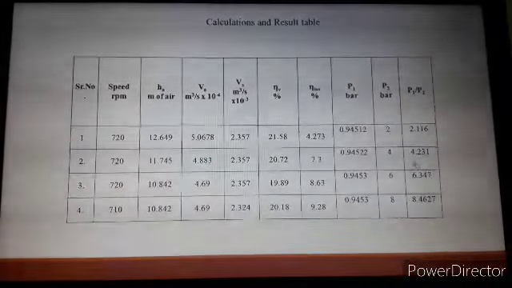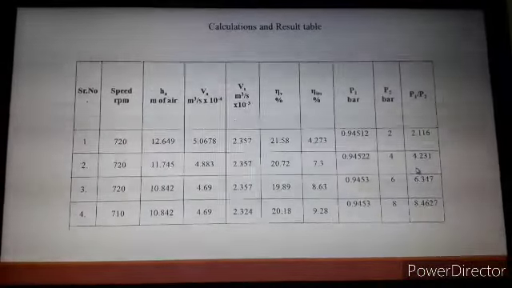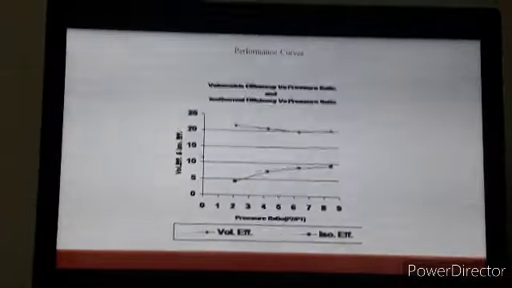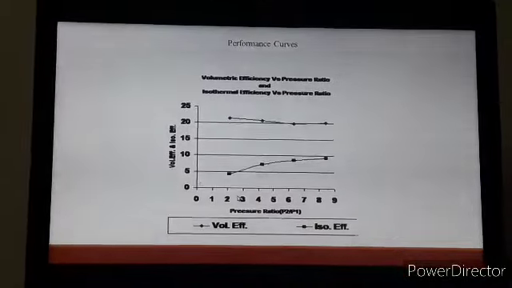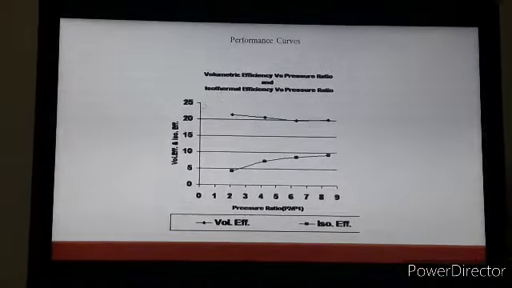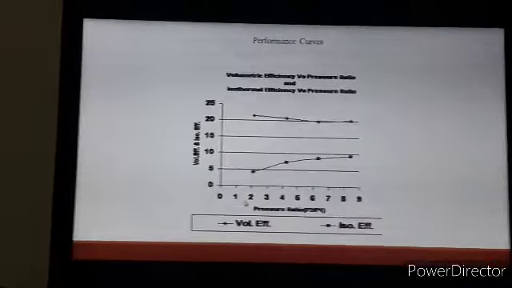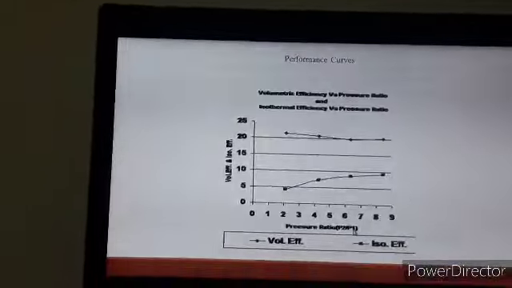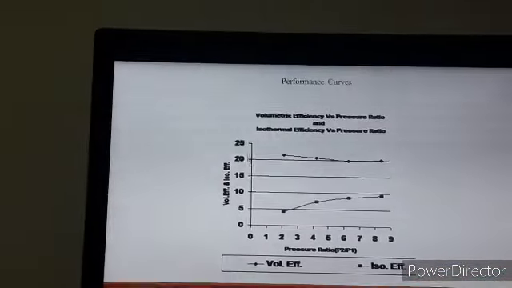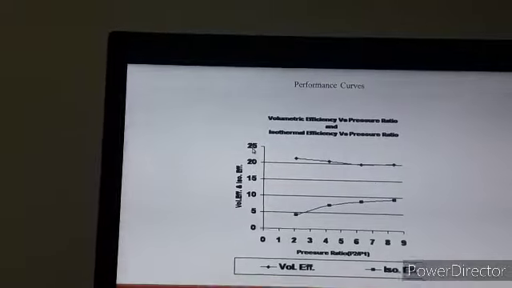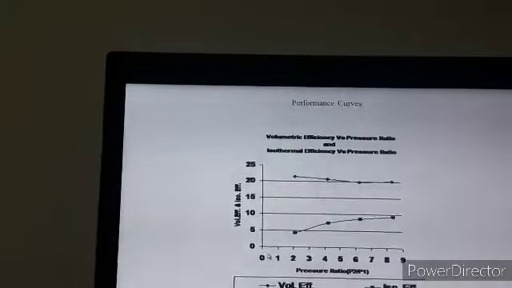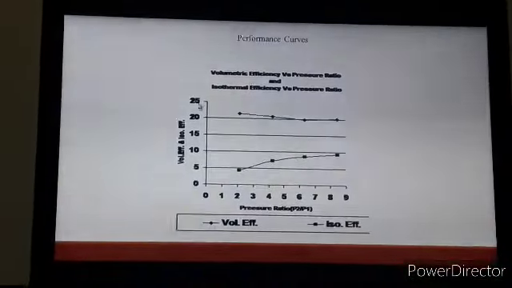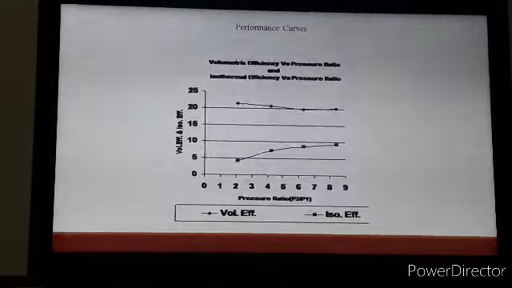Now let us proceed to the characteristics or performance curves for today's practical. Here we plot the volumetric efficiency versus pressure ratio and isothermal efficiency versus pressure ratio. On the x-axis we have to write the pressure ratio, taking a suitable scale. Similarly on the y-axis we have to write volumetric efficiency as well as isothermal efficiency, taking a suitable scale. We have to take the scale for the x-axis and y-axis as per our group reading.